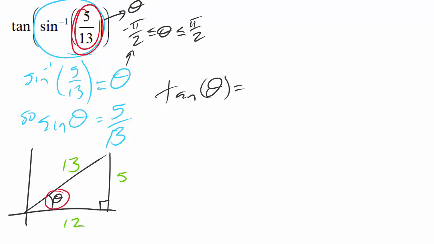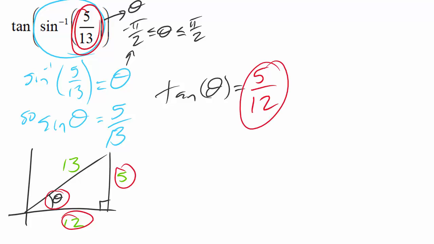Don't be concerned, because even if we were able to say theta equals, I don't know, 25 degrees, we're just going to turn around and take the tangent of that angle anyway. So basically, theta is our reference point only. And now we're going to use the tangent, which is the opposite over the adjacent, which is going to give us 5/12. And that's our final answer.